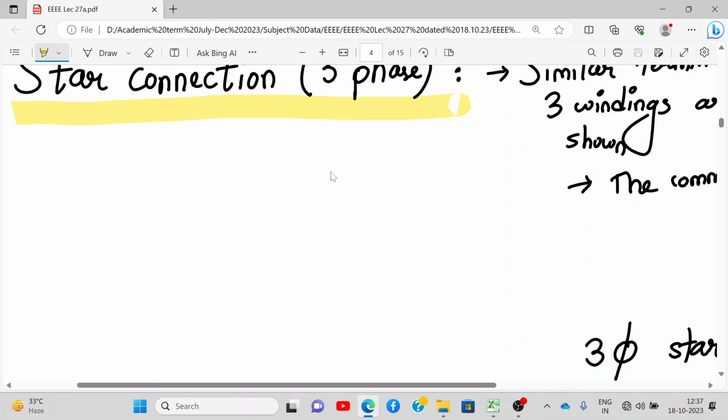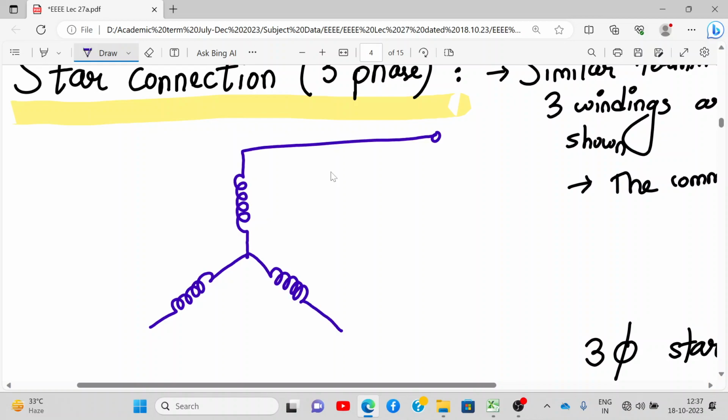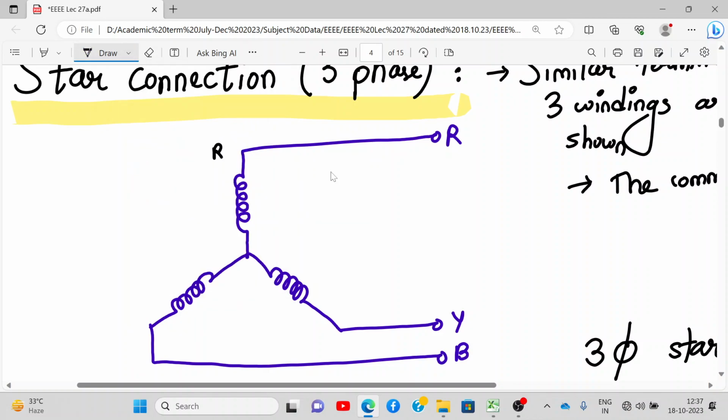All right, so let's draw it. It's a coil, so it's like an inductance. So how will you represent the coil? Let us draw it properly as a coil. Okay. This point I'm calling R. This is Y, and this will be B. What is this named as?